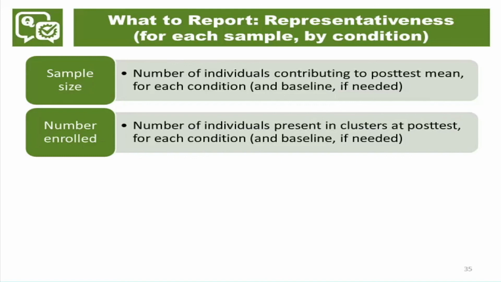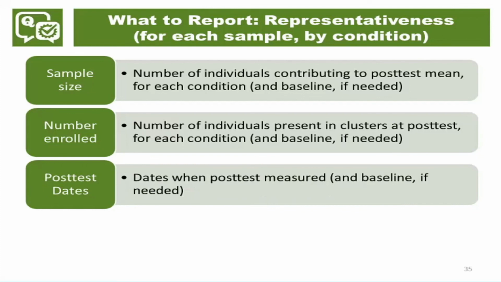So again, because the baseline and outcome measures are collected at different times, often with an interval of a year or more, the number of individuals present in the clusters may be different at those two time points. That's why you need to report the number enrolled at each time.